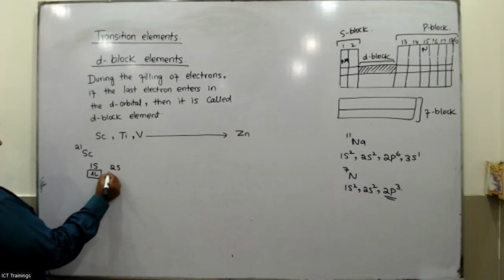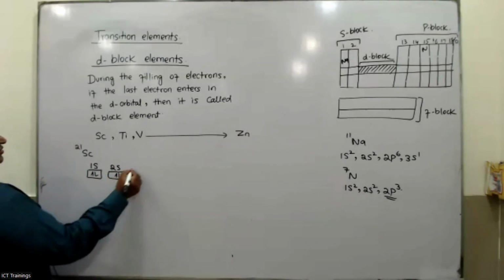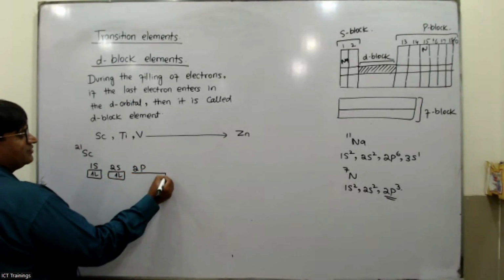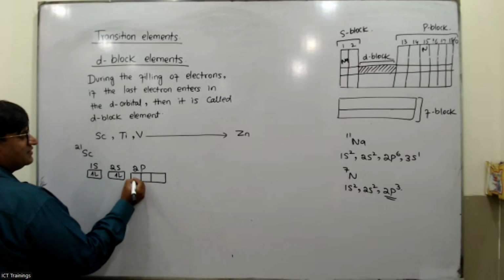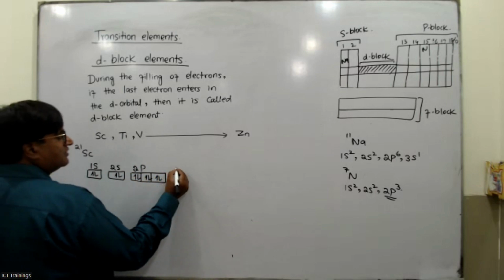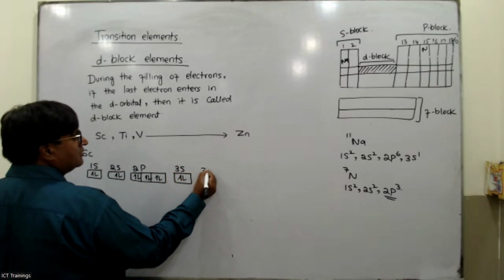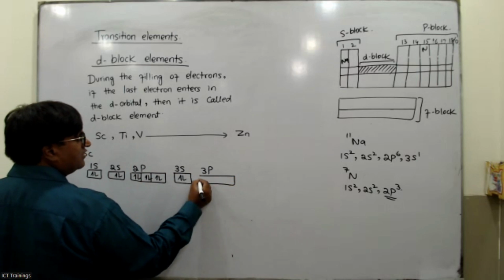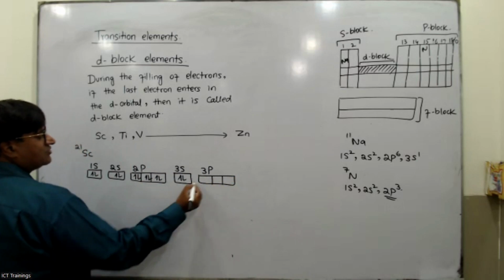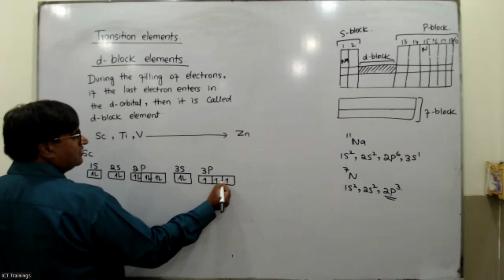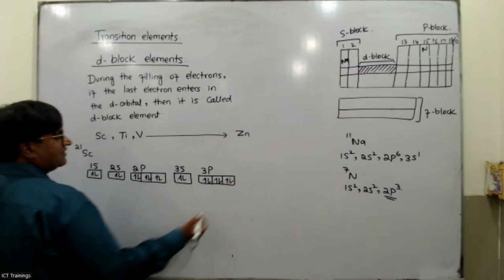Then you get 2s2. Then you get 2p, which has 3 orbitals in it. One electron up here and then pair it up. Then you get 3s, 2 electrons. Then you get 3p. So you get one electron and then pair it up like that.